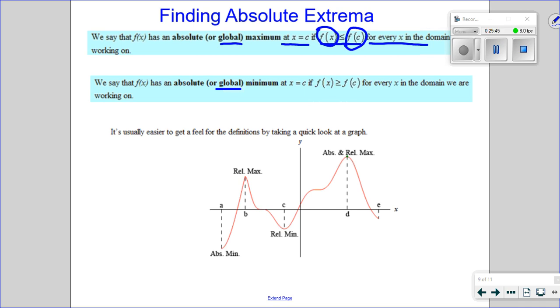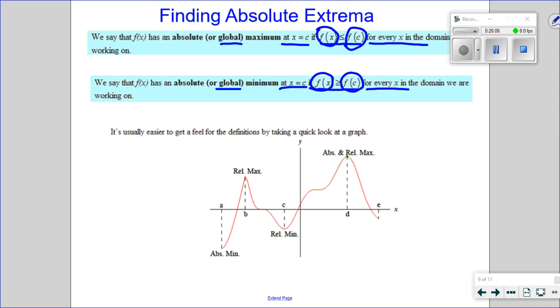All right, we say that f of x has an absolute or global minimum at x equals c if f of x is greater than or equal to f of c. So again, we're saying all these y values are greater than or equal to this y value for every x in the domain we are working on.